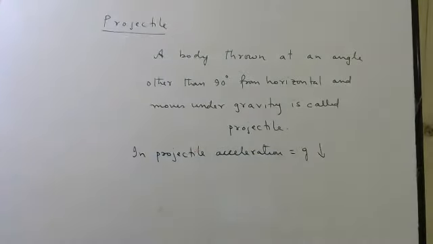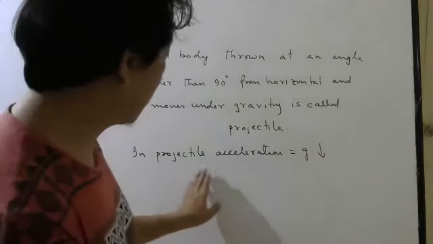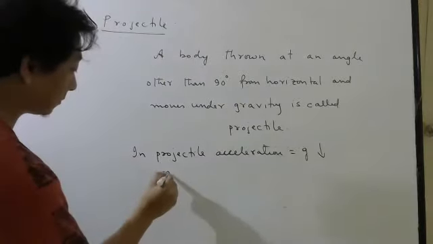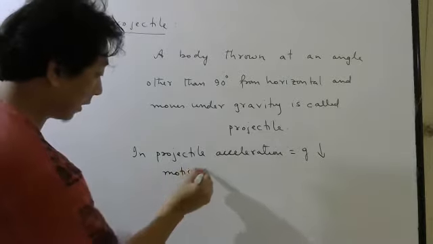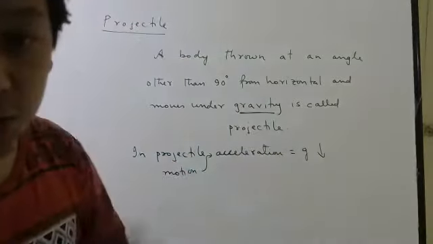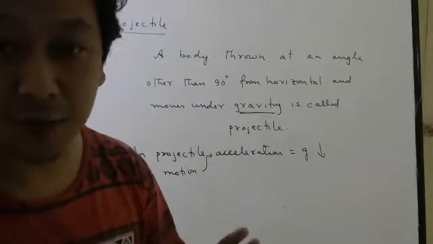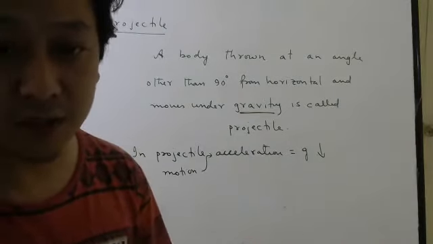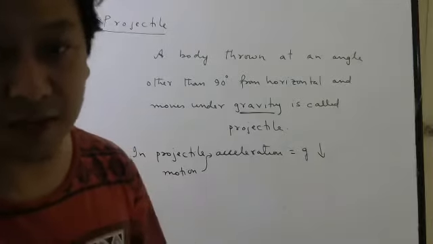So try to remember, in projectile motion, since we are studying motion under gravity only, there is no air resistance and no buoyant force. No other forces should act, only gravity.